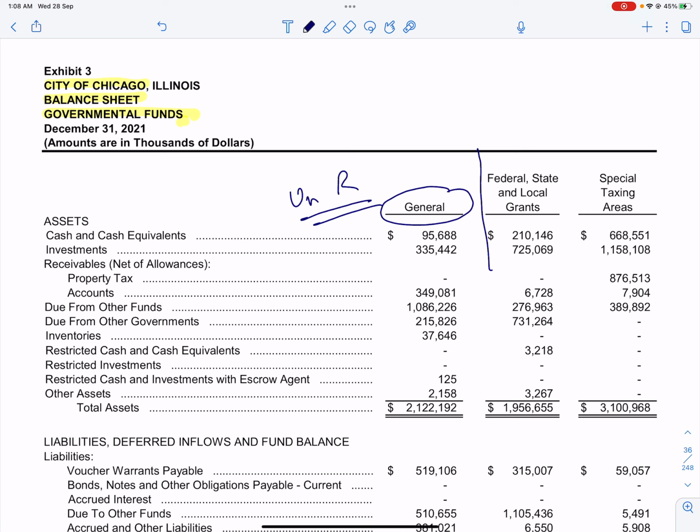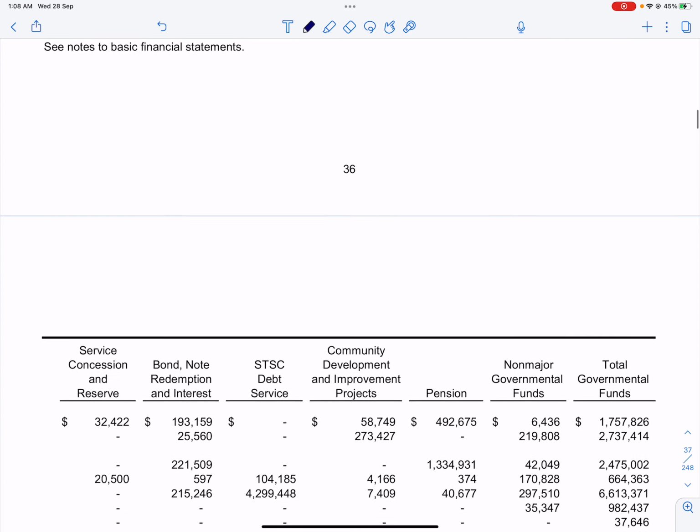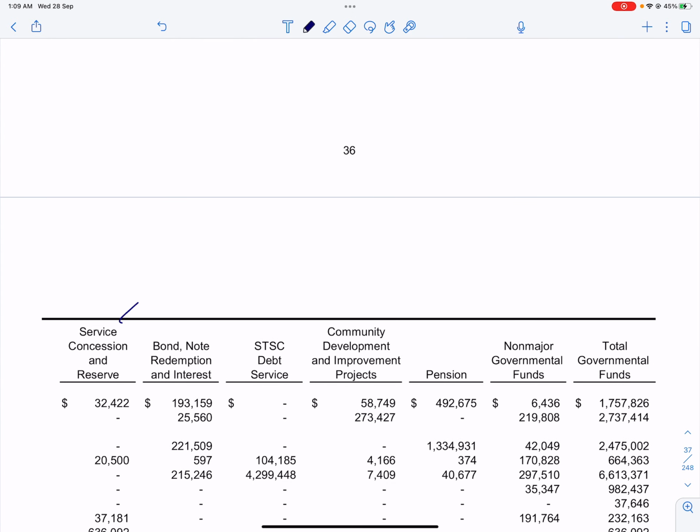In the city of Chicago, the general fund is obviously the unrestricted fund, but federal, state, and local grants, special taxing areas, or service concession and reserves, bond and note redemption and interest, debt service, community development, all these are restricted funds, and these funds can be used for a specific purpose only.